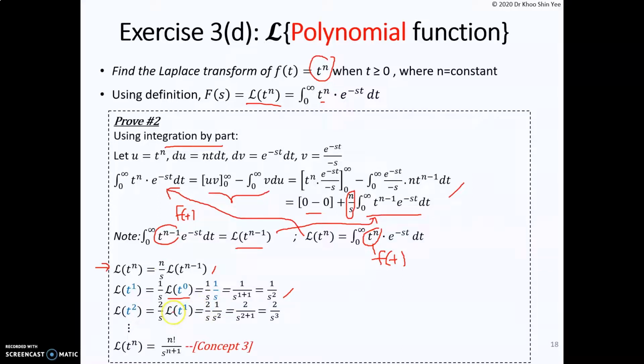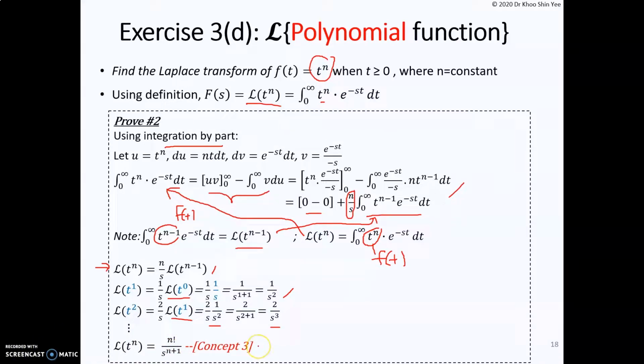With that, Laplace transform t, you get 1 over s squared. You can substitute inside here. So multiply, you get the answer. And then if you continue, you will find the pattern, and this pattern help you to form Laplace transform t power of n equal to n factorial divided by s power n plus 1.